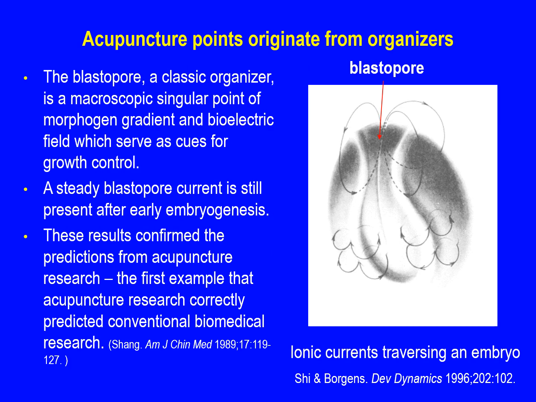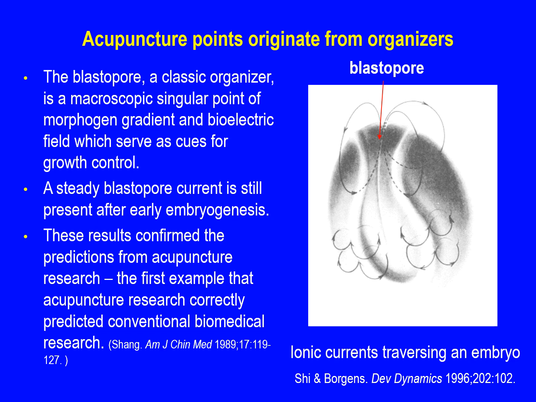So a key insight in the biology of acupuncture is that the acupuncture points originate from organizers. Here is a diagram of an organizer called the blastopore, which is indicated by the red arrow.